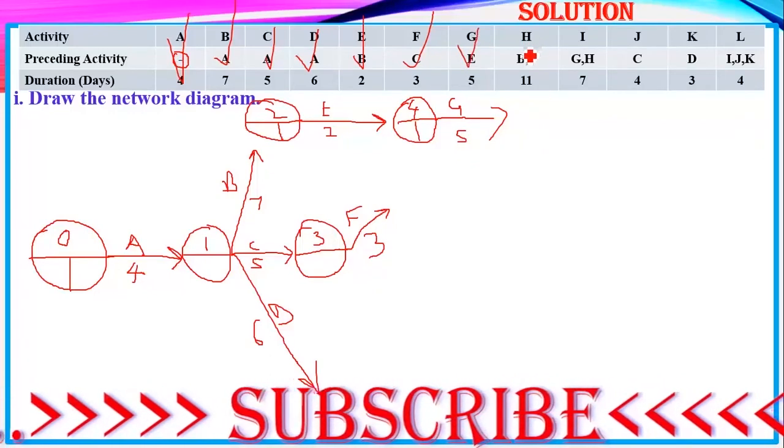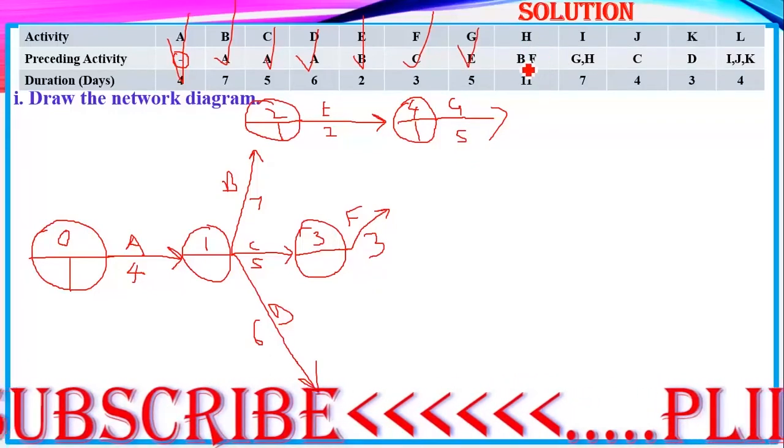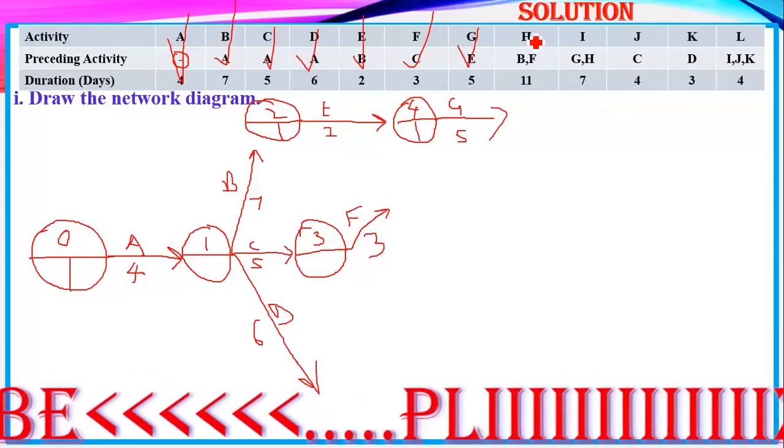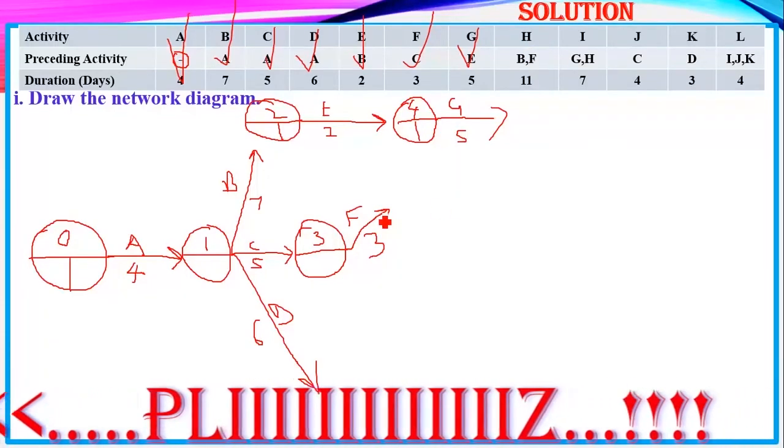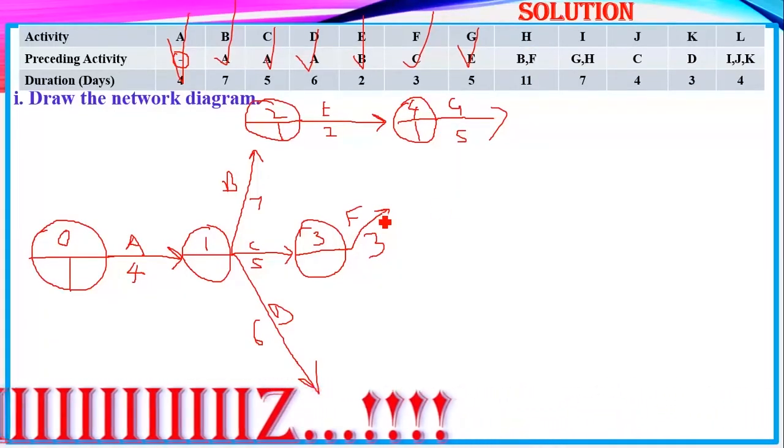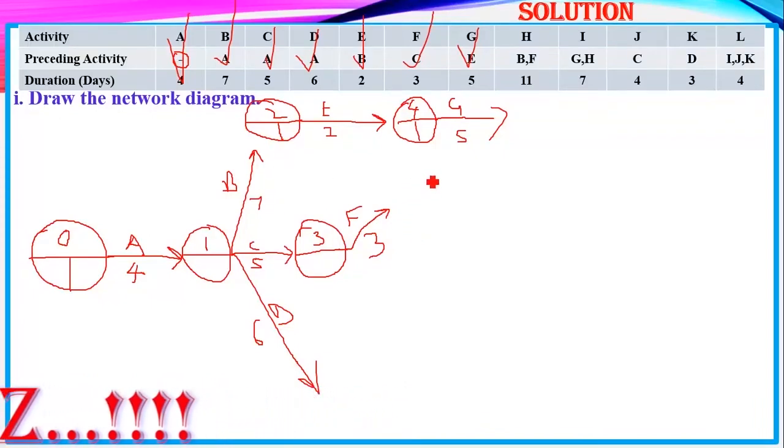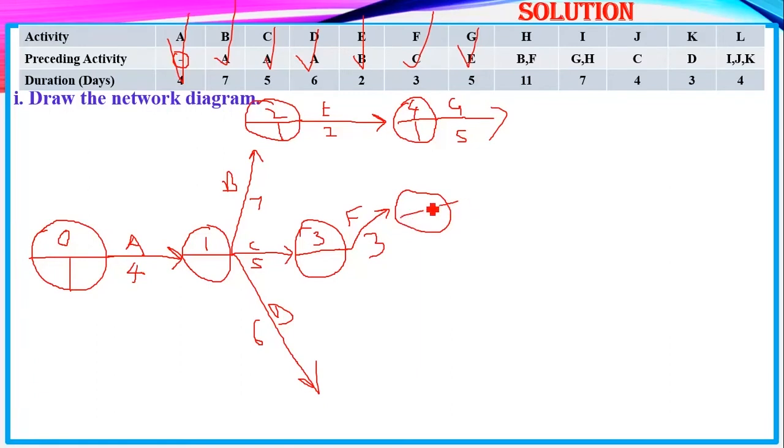You're done with this. Then you look at this. B and F are preceding H. So F here is preceding H, and also B is preceding H. That means we are going to have a node here, so that we have this as our node 5. Then this one here is preceding an activity which we are calling activity H, which is 11 days.